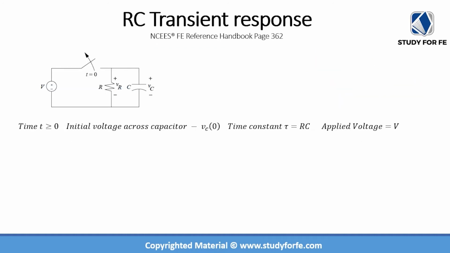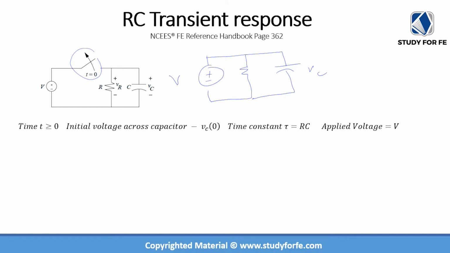Now, what about the case when the capacitor has been charged, okay, and now we are discharging it by opening the switch? So you can see that previously, let's say we had the setup where the voltage source was charging the capacitor, okay, and this entire voltage V was applied across the capacitor.